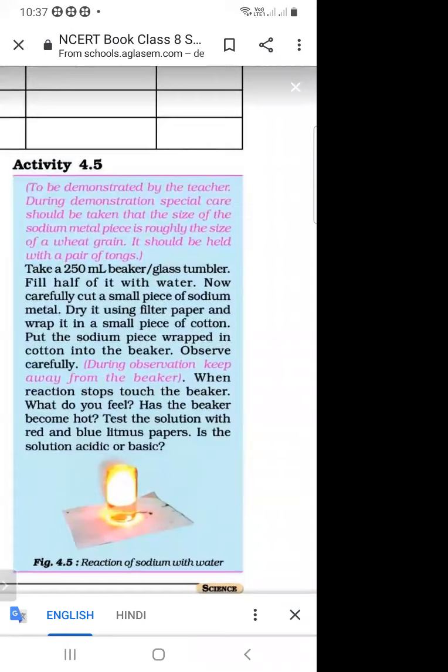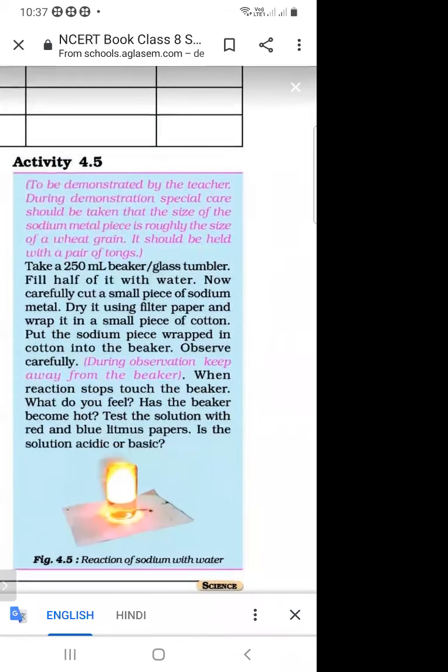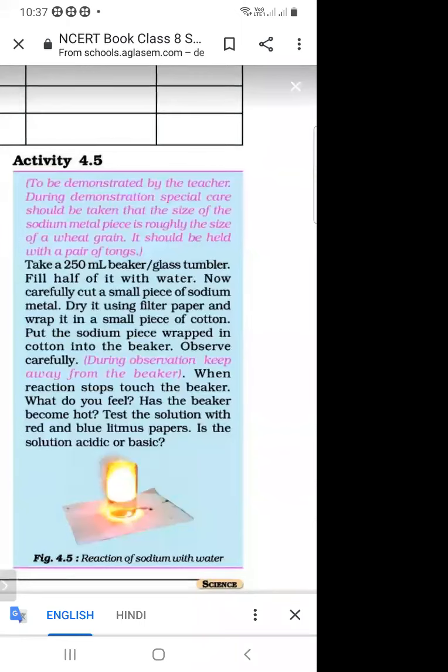Firstly, we take a 250 ml beaker, and if a beaker is not available, we can take a 250 ml glass tumbler, and then fill it with water. In Figure 4.5, we take a beaker of 250 ml and add some water into it.